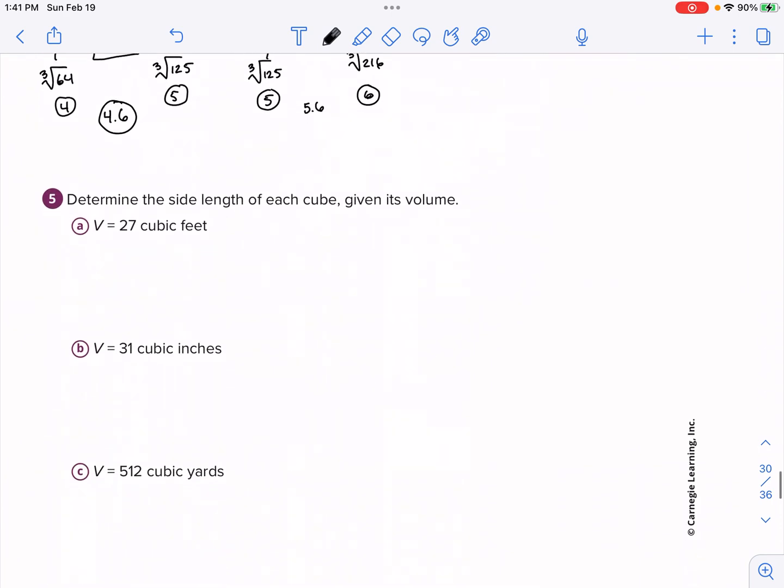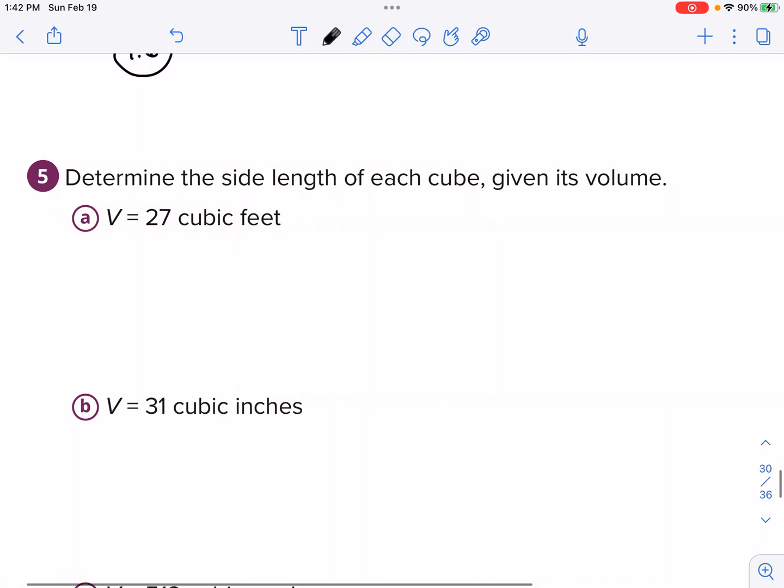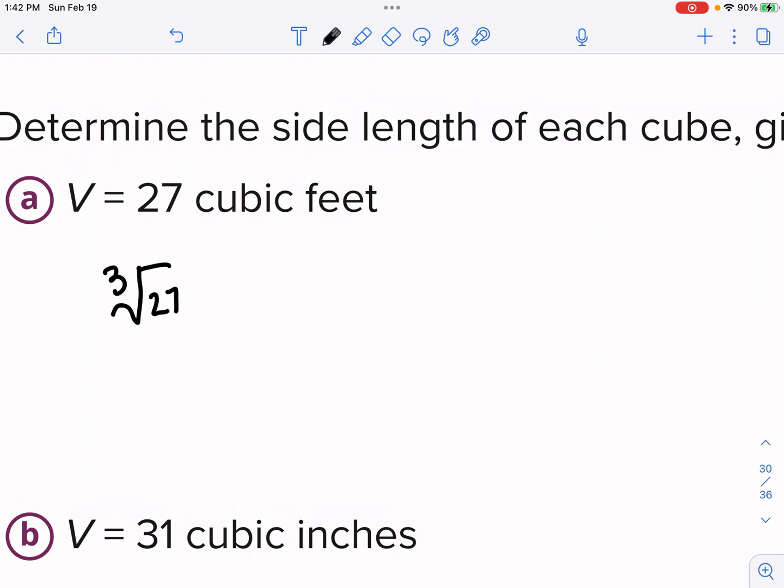Let's go to number 5. All right, to answer this, determine the side length of each cube given its volume. So we know that a volume of 27 cubic feet just means, what's the cube root of 27? That is on our list, it's 3. So we'll just say it's 3 feet.